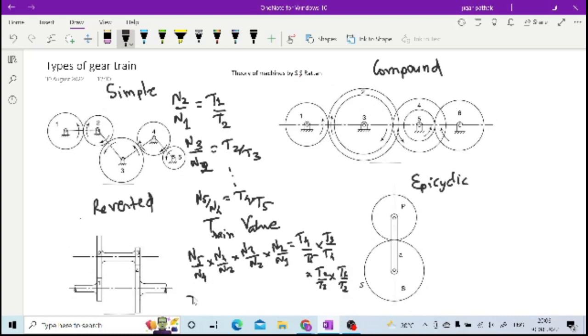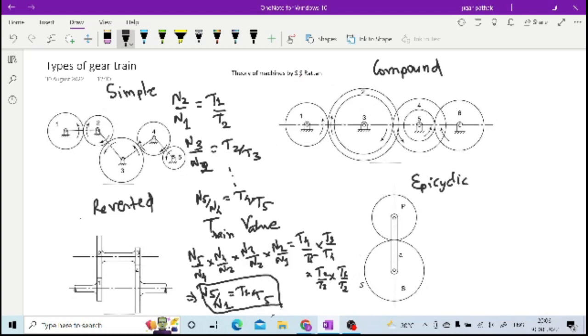So if you figure it out for this simple gear train, then N5 by N1 will be equal to T1 by T5, because here all the things will cancel out, N4, N3, and T4, T3, T2, all will be cancelled out, and you will be left with N5 by N1 equal to T1 by T5.